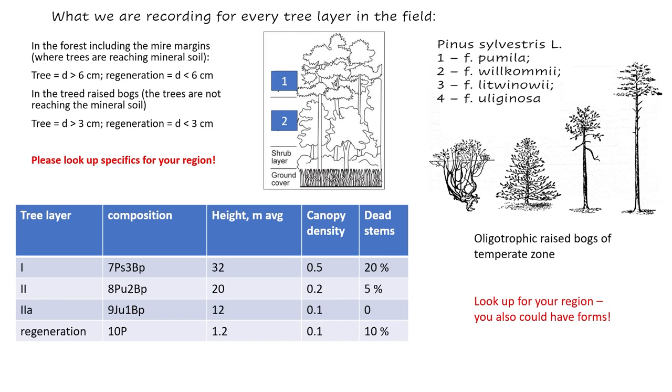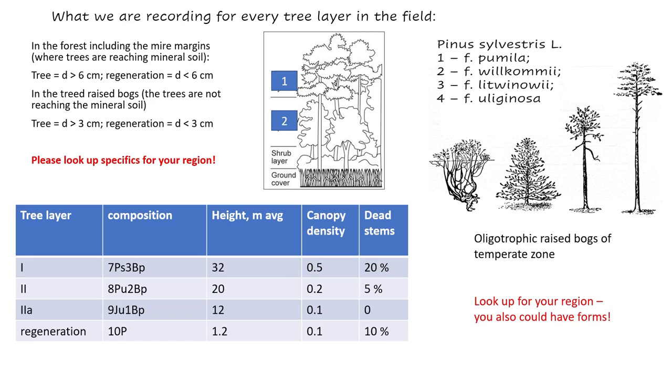Okay, so coming back to the layers. In the picture you see that we have layer 1 of the tree layer and layer 2, and sometimes we have a sublayer to layer 2. First we have to put the composition.